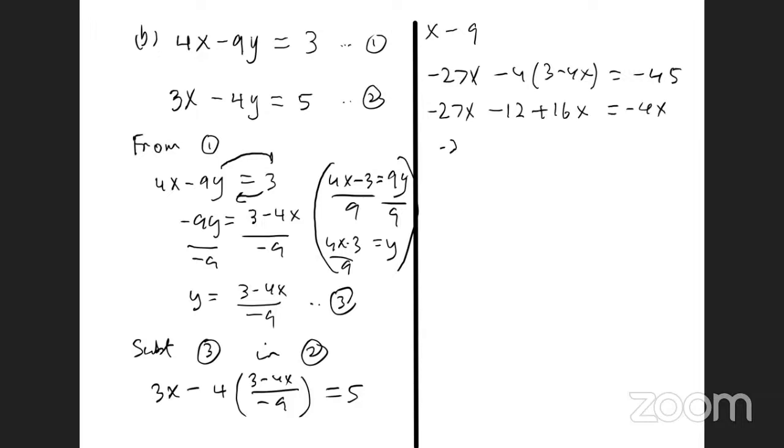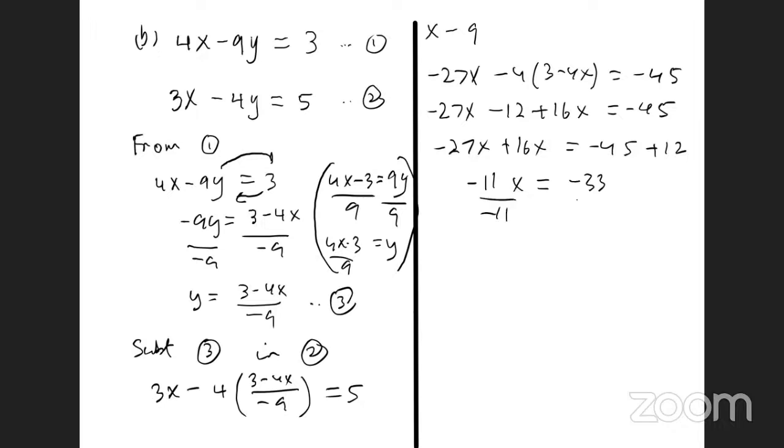Bring the x's together and then bring the constants together. So minus 27 plus 16 is minus 11, and minus 45 plus 12 is minus 33.